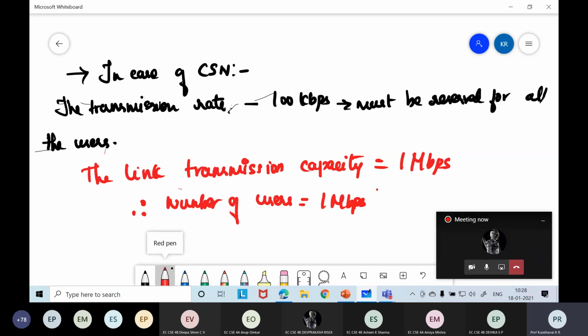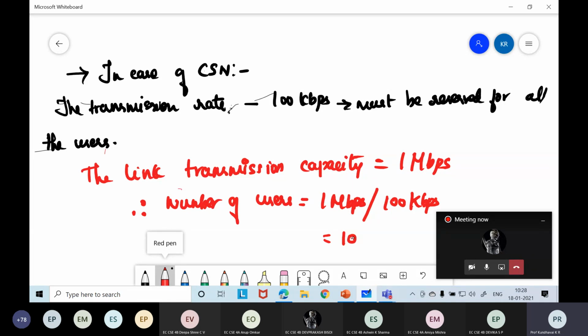So 10 to the power 6 divided by 100 into 10 to the power 3 gives you 10 as the answer.